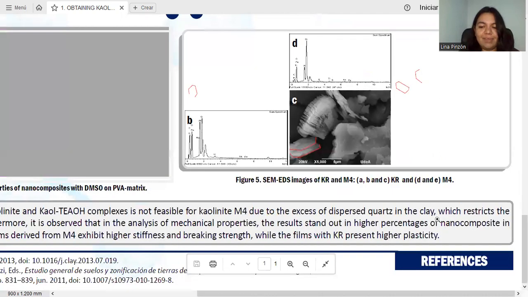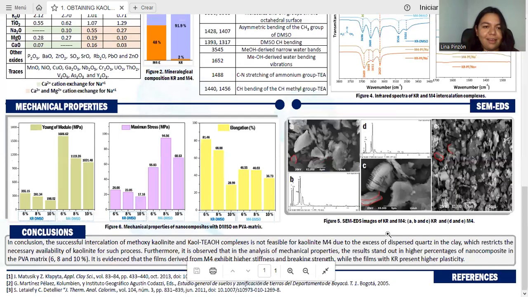In conclusions, the successful intercalation of the methoxykaolinite and TEA complex is not possible for M4 kaolinite, due to the effects of dispersed quartz in the clay, which restricts the necessary availability of kaolinite for this process.